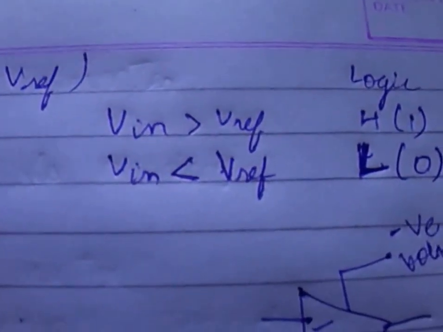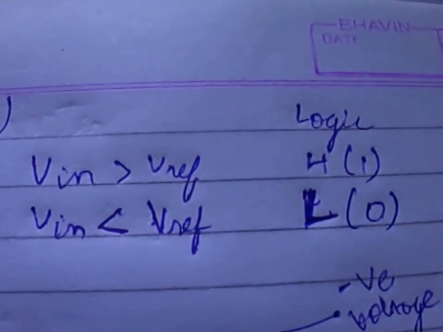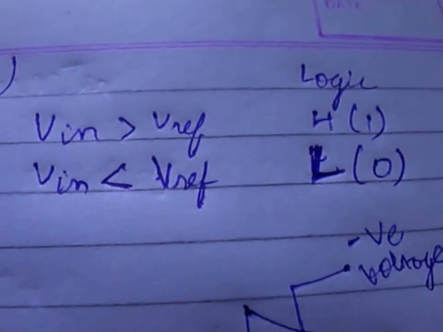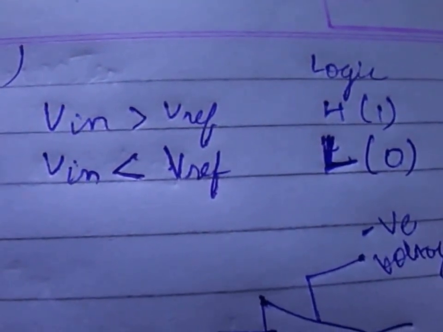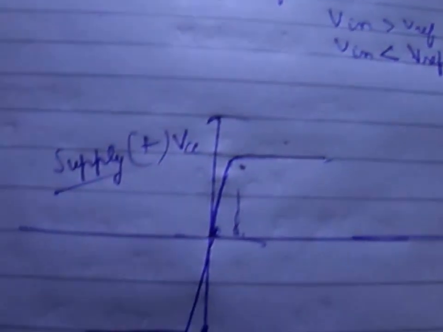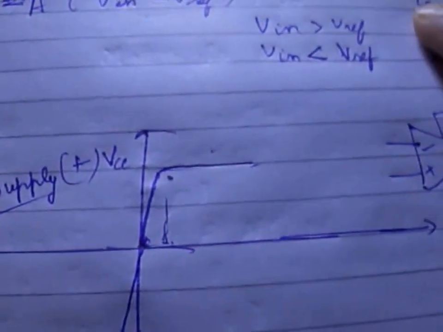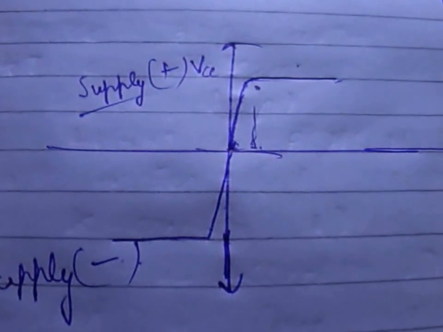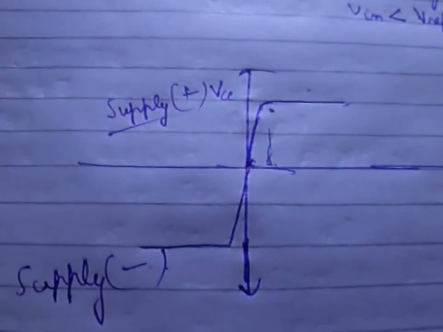If V in is greater than V ref, we get a high logic that we label as 1, and if V in is less than V ref, we get a low logic that we label as 0.